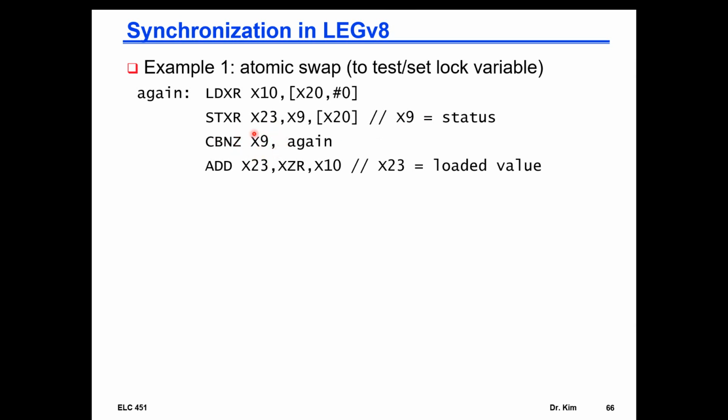If it's non-zero, we keep trying. Only after we have been successful can we move the contents of what we loaded safely into another register. So this is a sequence to test and lock a variable that is associated with another register.